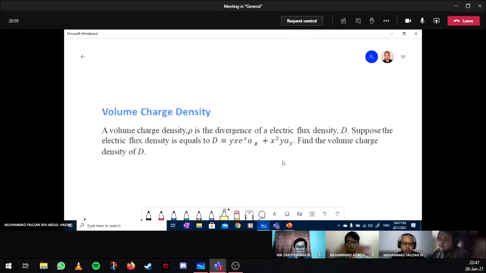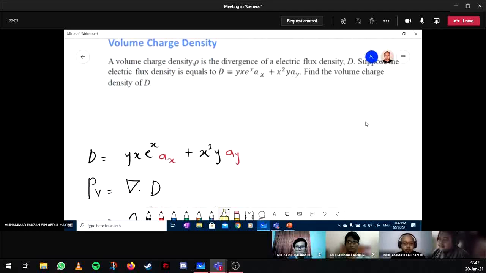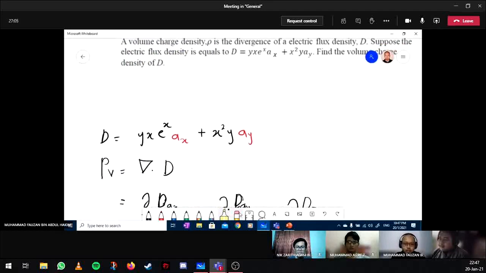We know that the volume charge density is actually the divergence of the electric flux density. As you can see here, the formula for the charge density equals the divergence of the flux. The a_x component is y times x times e to the x, and the a_y component is x squared y.